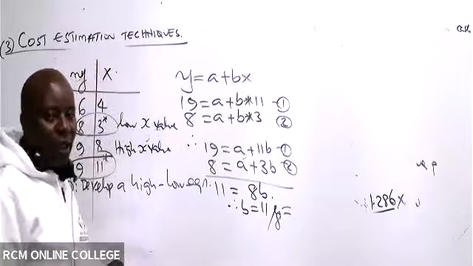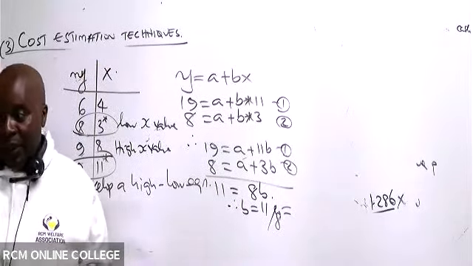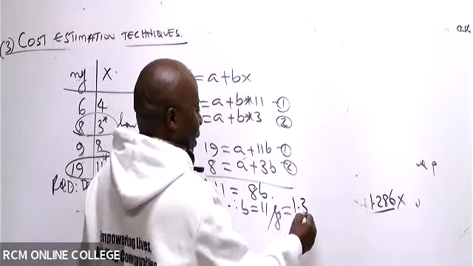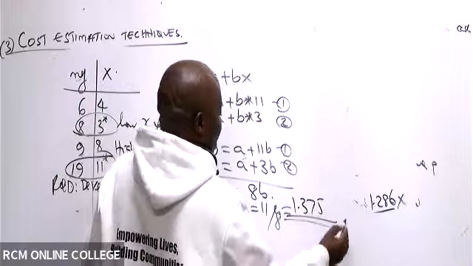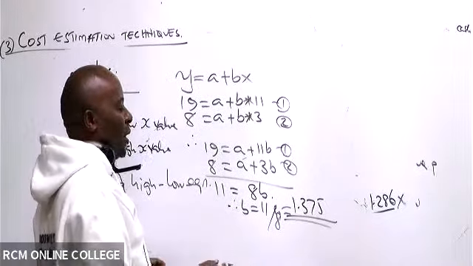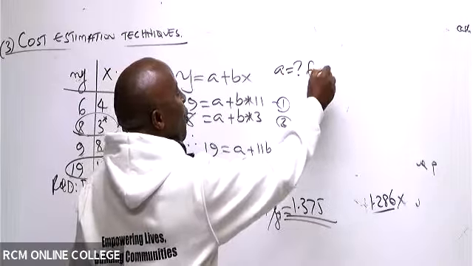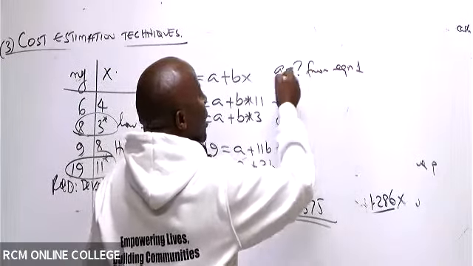Is there somebody who was able to get this answer? 1.375. Now that you guys are experts, once you have the value of b, you can easily get the value of a from equation 1.